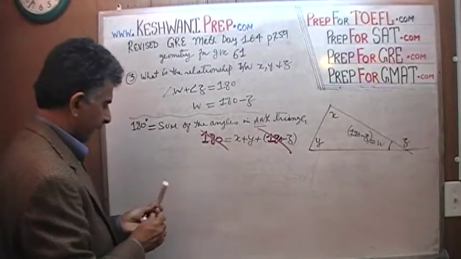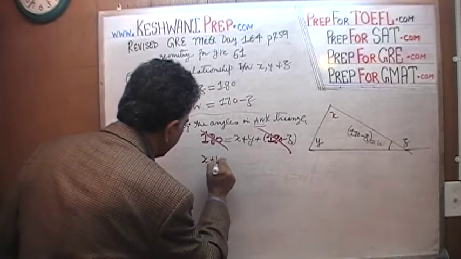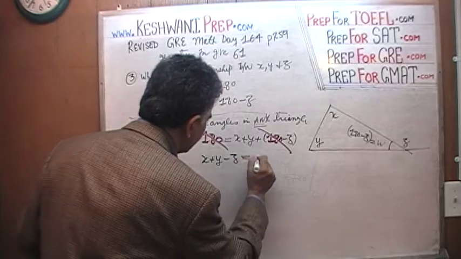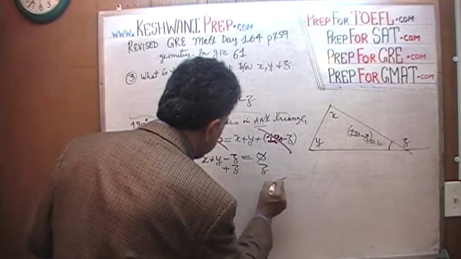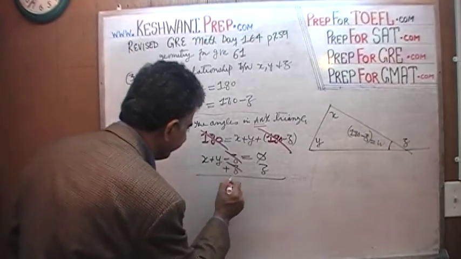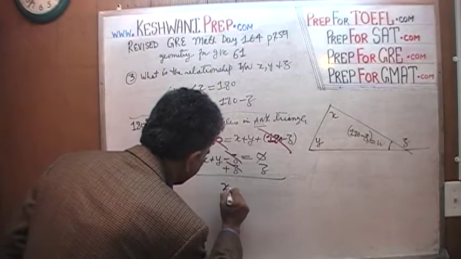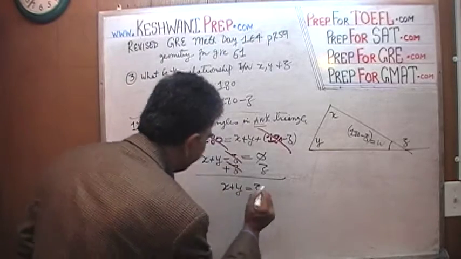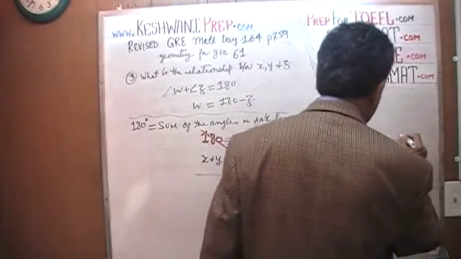And what we find is that x plus y minus z equals 0. If you add z to both sides, what we find is that x plus y equals z.